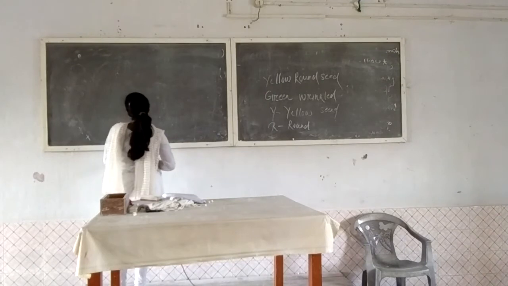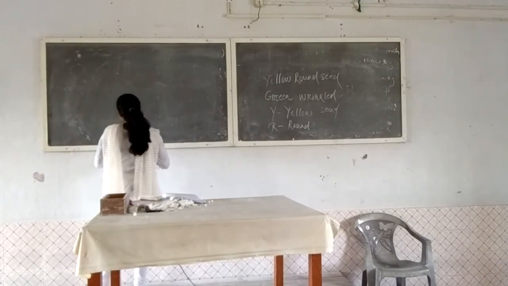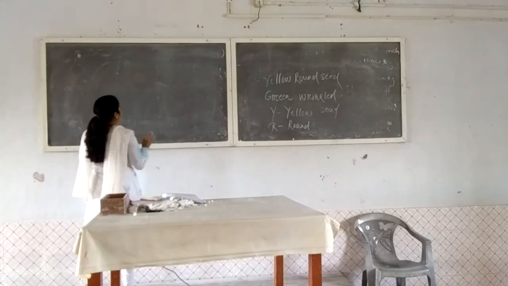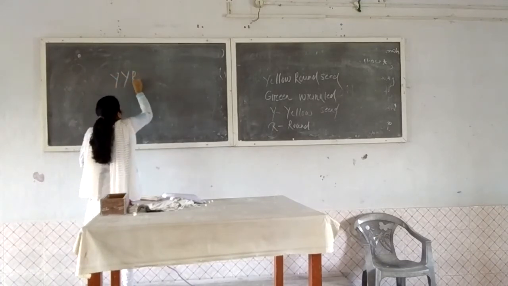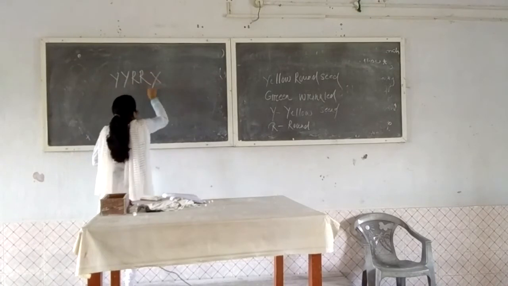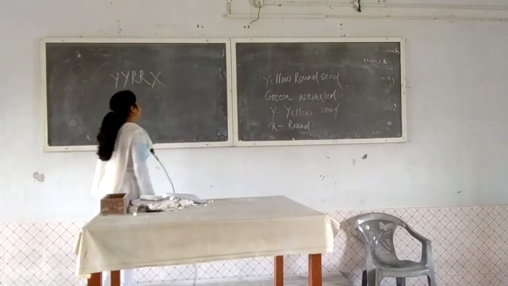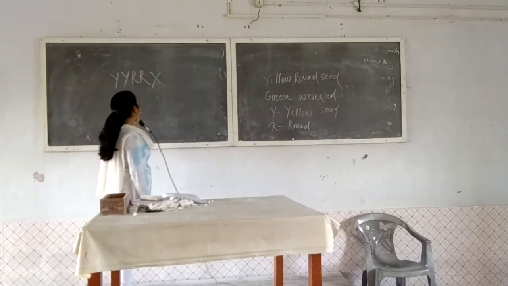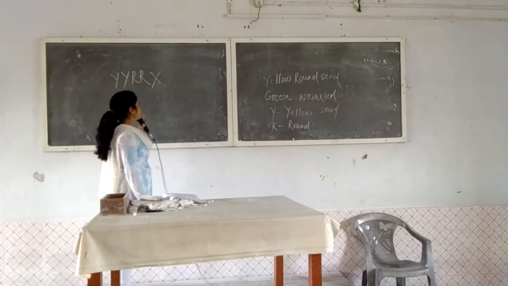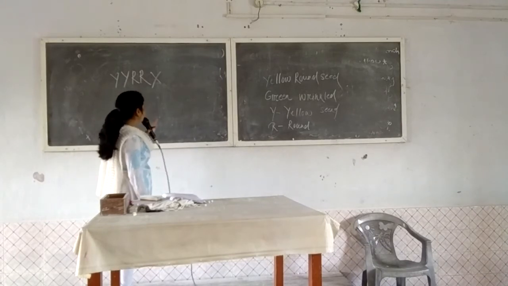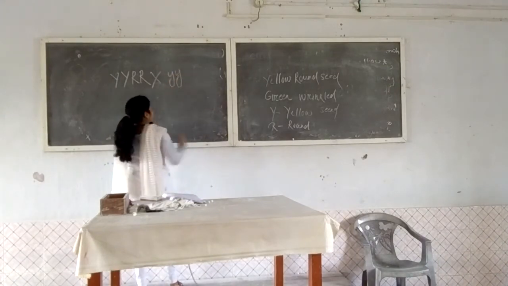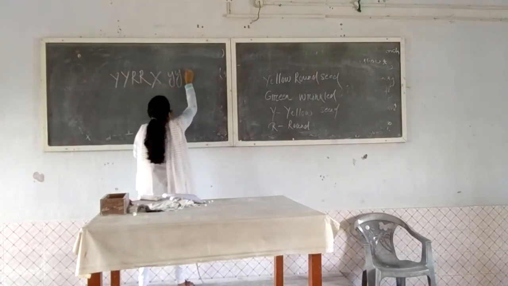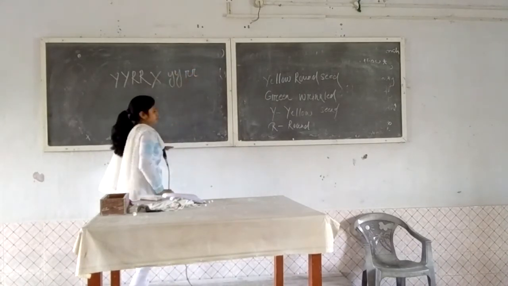Then he took the pure homozygous yellow round seed plant, capital Y, capital Y, capital R, capital R. Then he hybridized the pure homozygous yellow round seed plant with the pure green wrinkled seed plant.